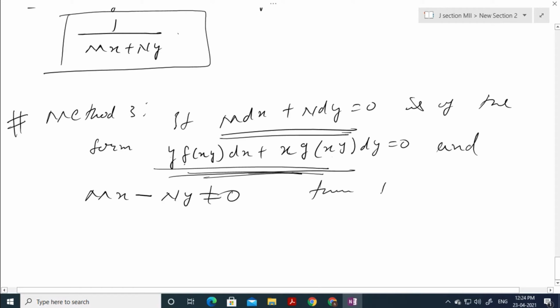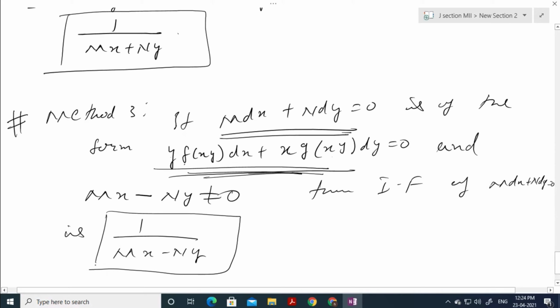Then the integrating factor of m dx plus n dy equal to 0 is 1 by mx minus ny. This will be your integrating factor if these two conditions are satisfied.